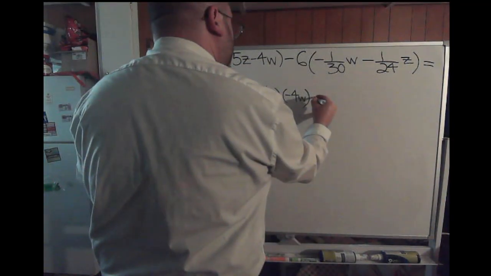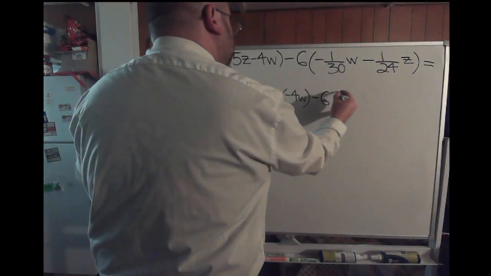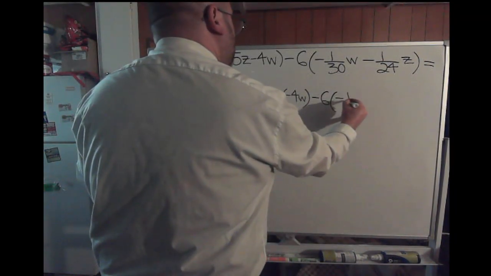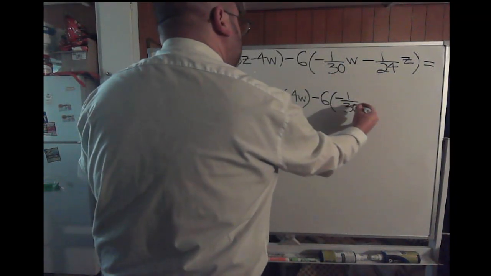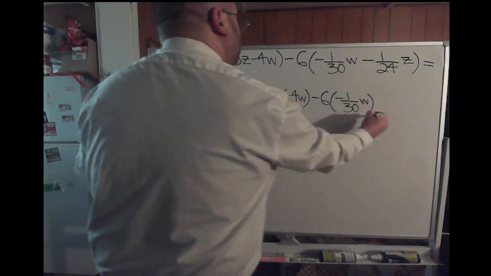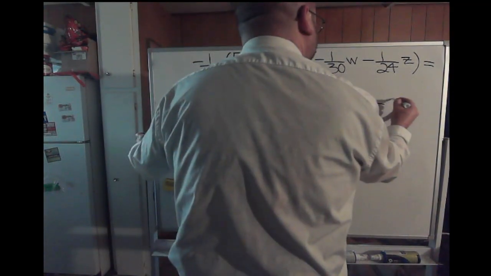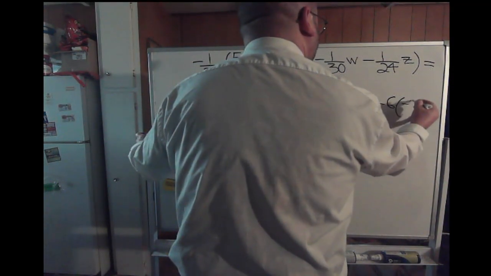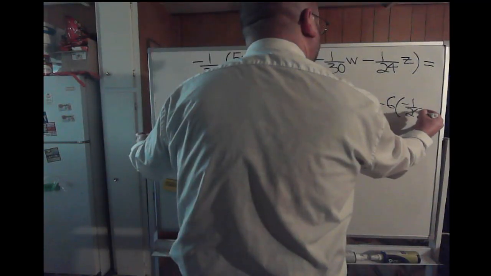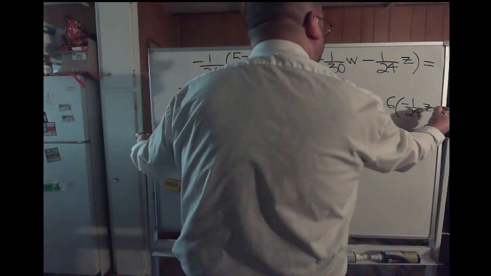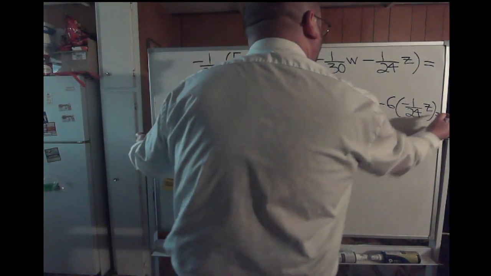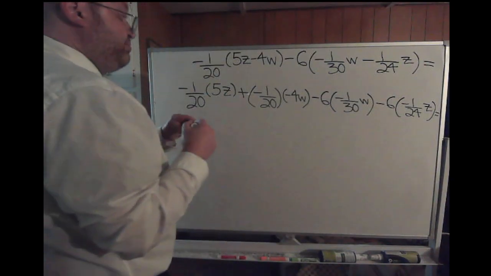Now we got to do minus 6 times that negative 1/30 w minus 6 times that negative 1/24 z. Alright, so we've done the distributive properties now.